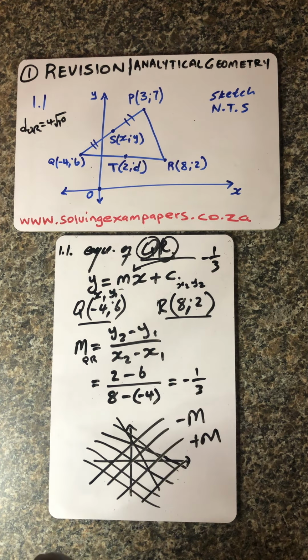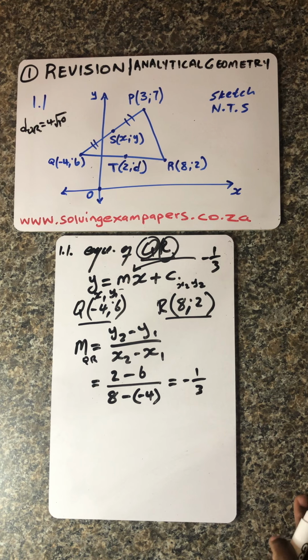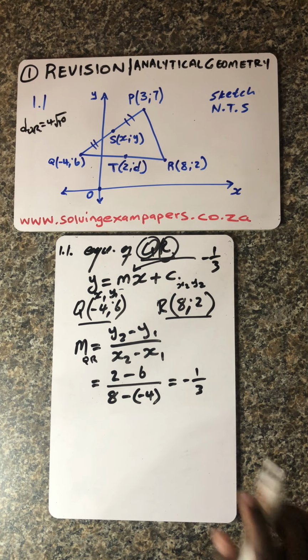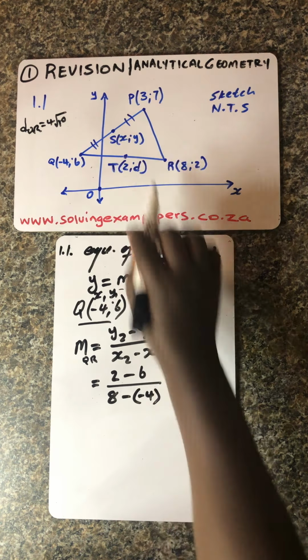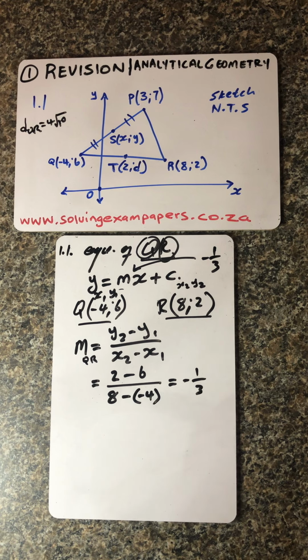In case you calculate the gradient of that line or that line and you find a positive gradient, then you must notice that something is wrong. You need to recalculate, check if you substituted correctly, and check if you punched correctly on your calculator.